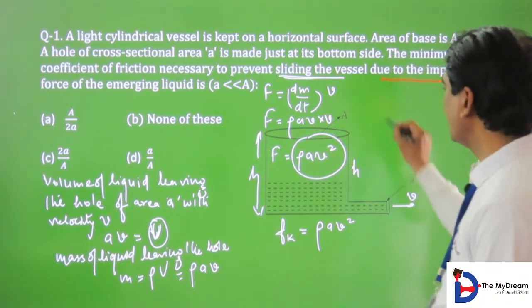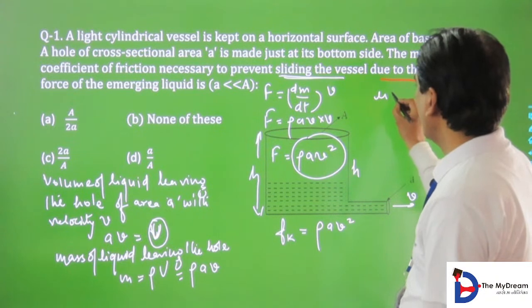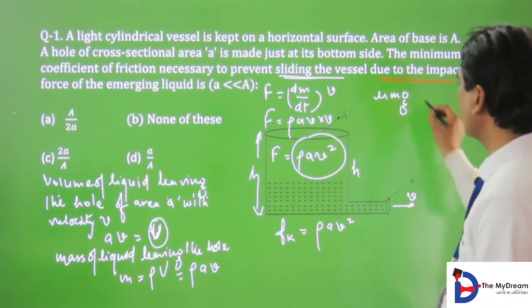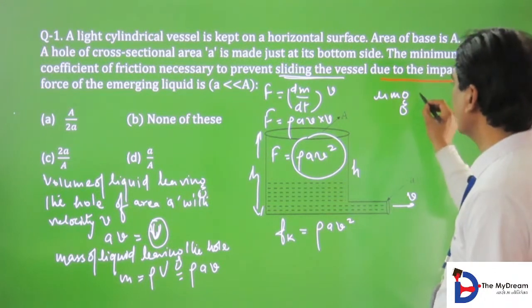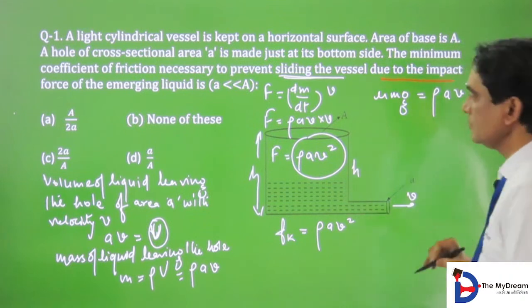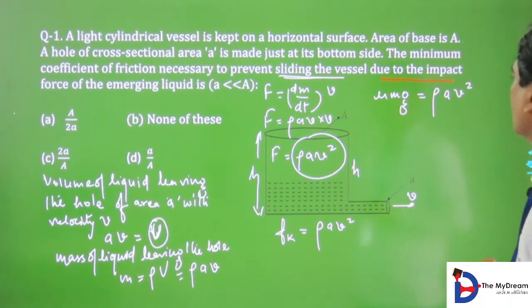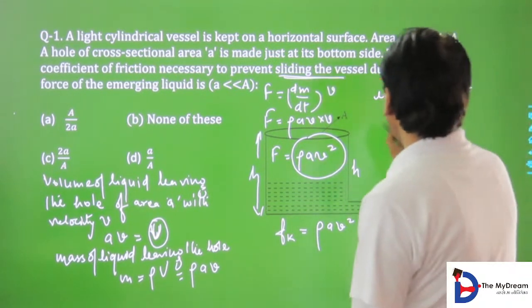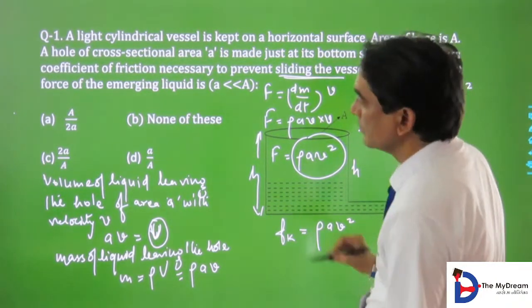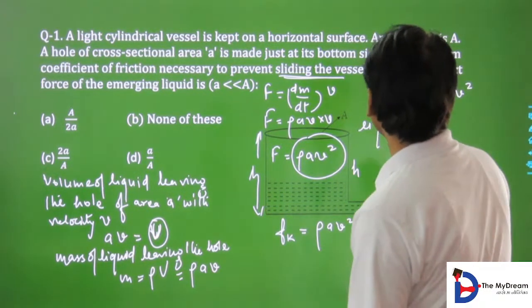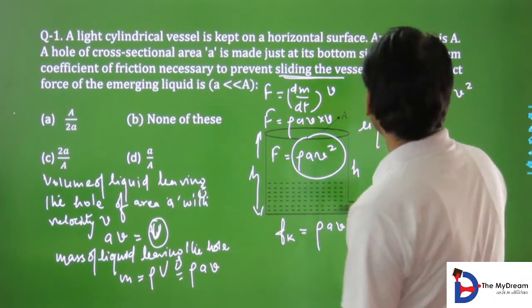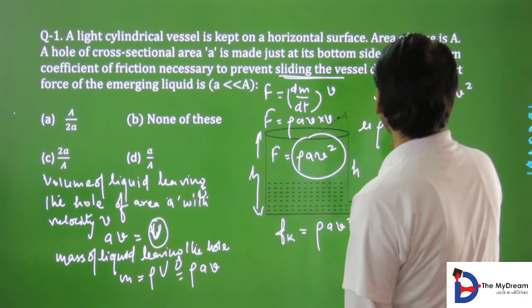The force of friction F is equal to mu R, and R is equal to mg, the weight of the container. So mu mg equals rho a V square.